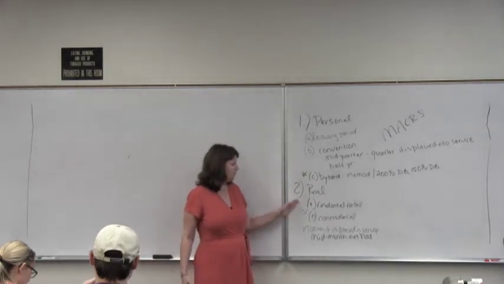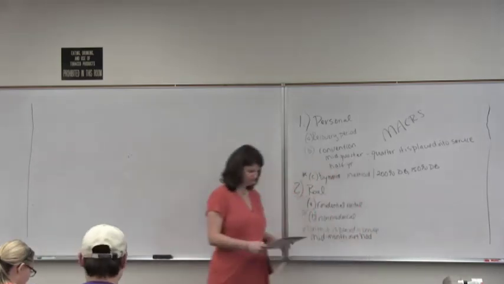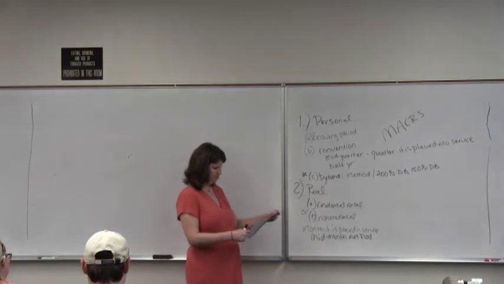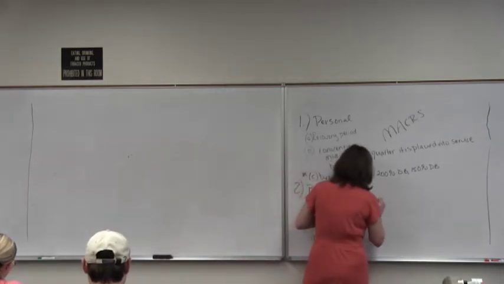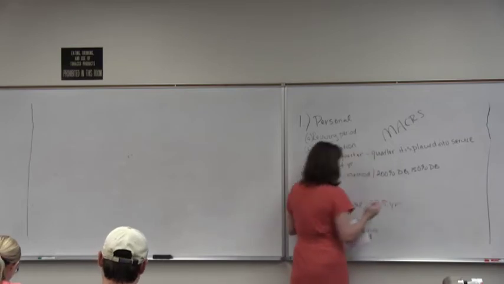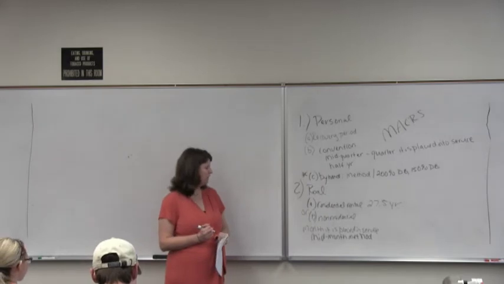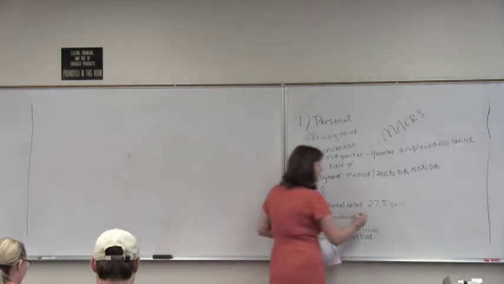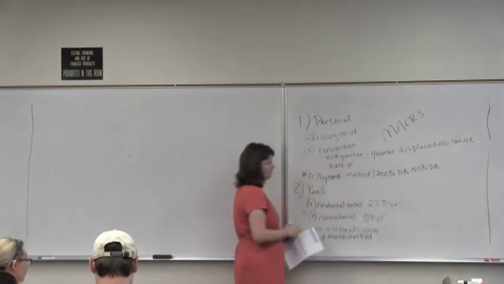So if it is a residential rental property, our recovery period is always 27.5 years. You don't have to look it up. It's just 27.5 years. If it is non-residential, it is 39 years.